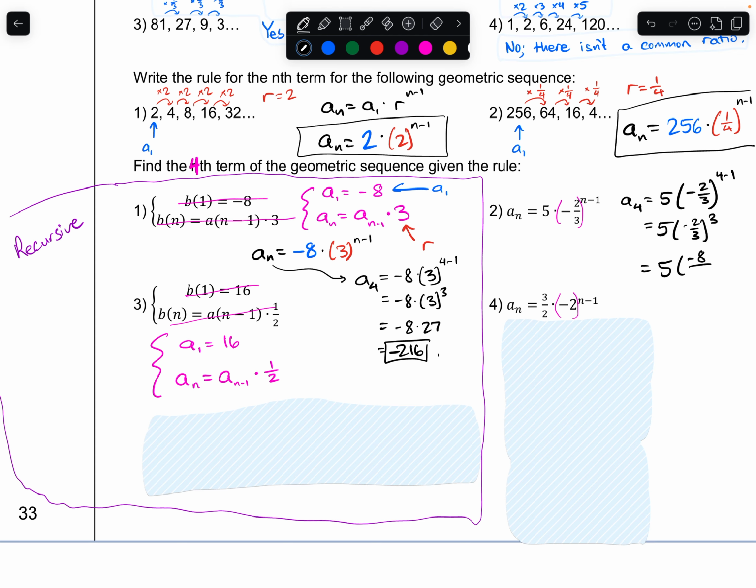And 3 times 3 times 3 is 27. So we can multiply. Remember, that's 5 over 1. So we multiply fractions straight across. And we'll be left with negative 40 over 27. All right. Try number 3 and 4 on your own. Come back and check your work, and then we'll be done.